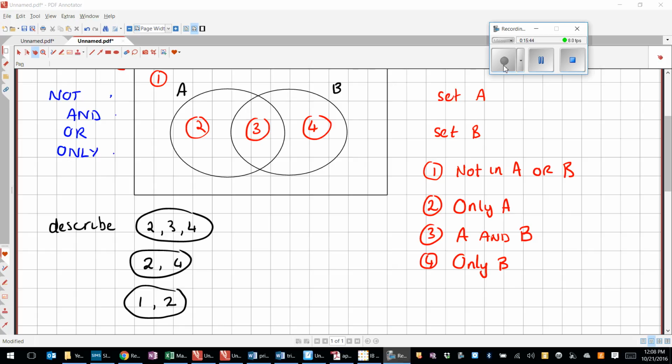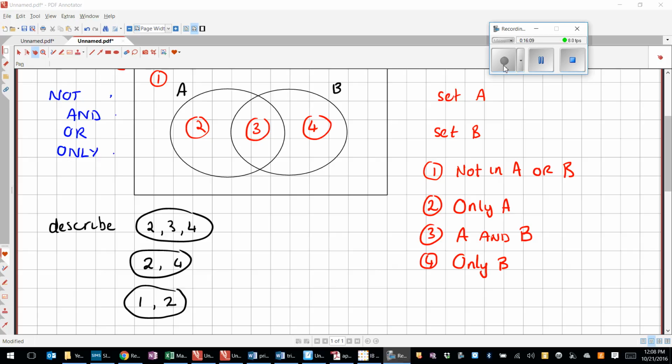How would you describe the group of people represented by regions 1 and 2 then? People that did not have a starter or dessert, but also people that had a starter only.